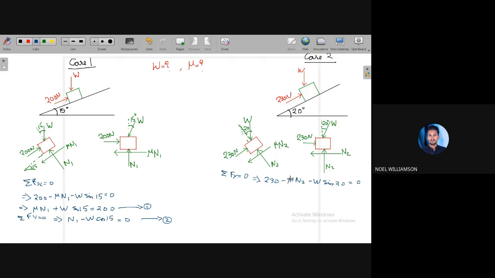You can write like this, and on rearranging, mu N2 plus W sine 20 equal to 230. That is equation number 3.